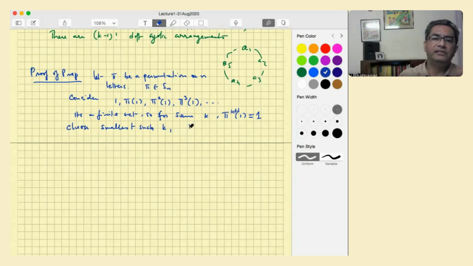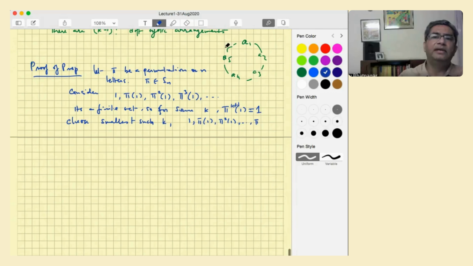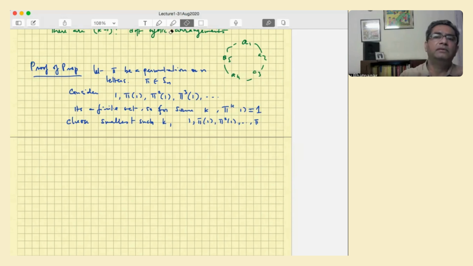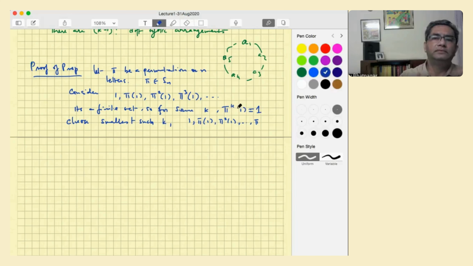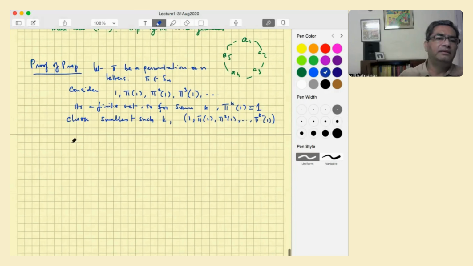So this is a cycle. Well, k is good, not k plus 1. This is a k cycle in pi.